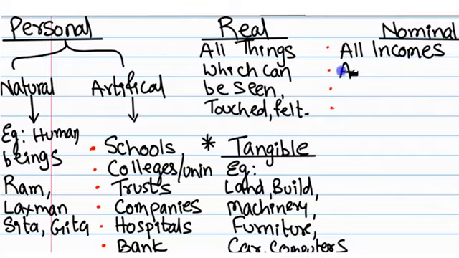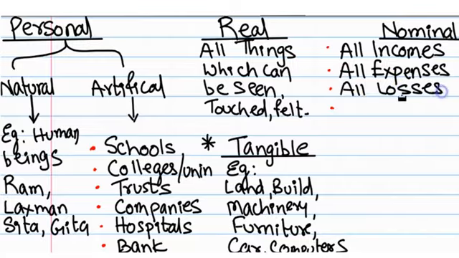Then all expenses which are incurred in the business organization related to business will come under nominal account. Thereafter, all losses and all gains.